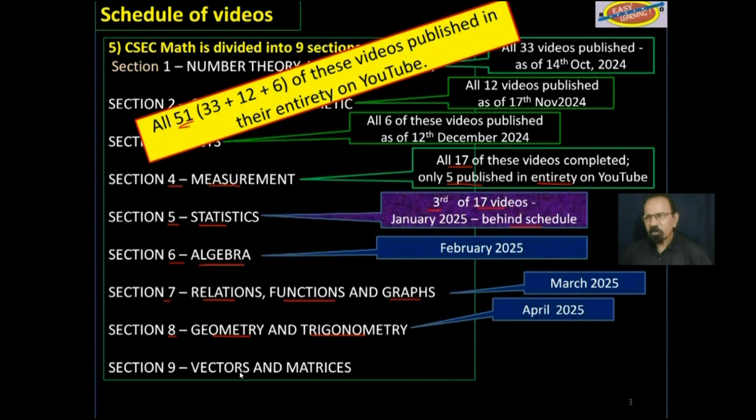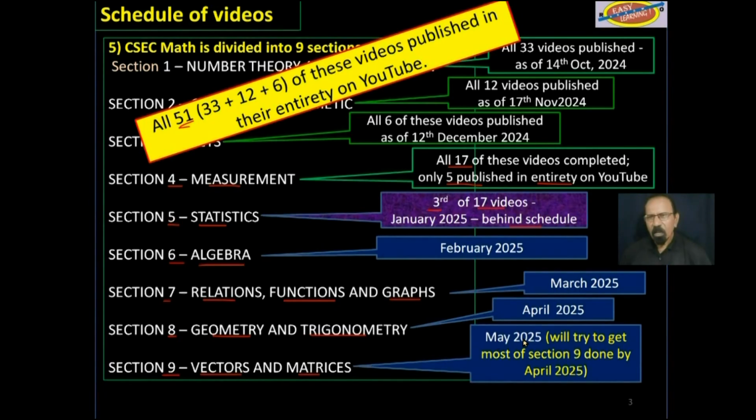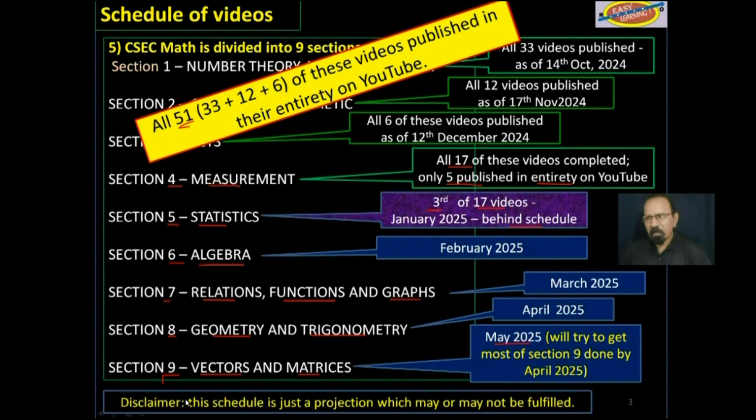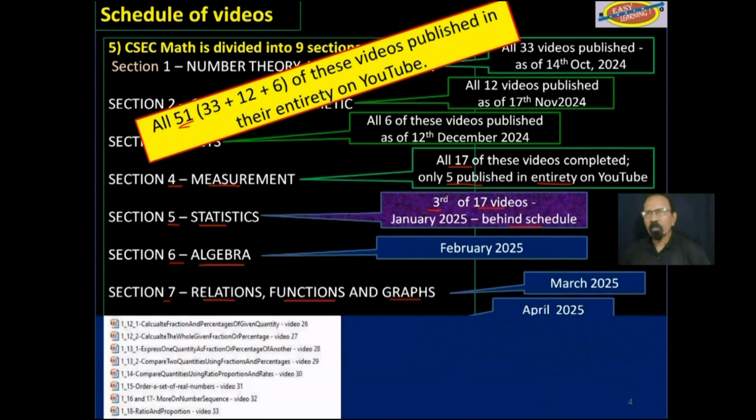And finally, section 9, vectors and matrices. Hopefully by May 2025, that should be completed. However, there is a disclaimer here. This schedule is just a projection which may or may not be fulfilled. It is not a contract with anyone.